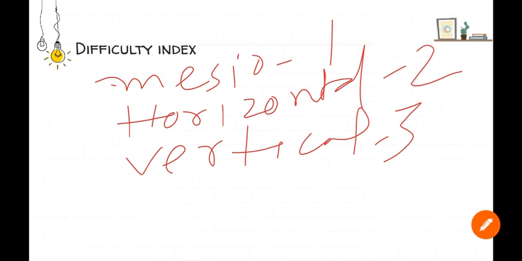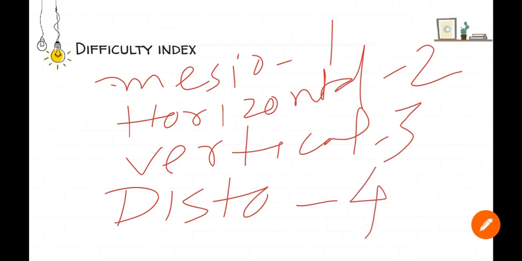And lastly distoangular, its value was 4. We just discussed level A, B, C and class 1, 2, 3. Level A and class 1, difficulty index 1, then B and 2, difficulty index 2, and level C and class 3, difficulty index 3 each.